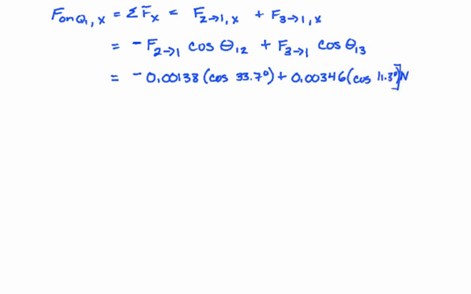And our units here, all of this again is in newtons. So, plugging this into our calculator, the total force on Q1 in the x direction is 0.002 newtons. Since that's positive, that also means that it's in the positive x direction. We'll go through the same procedure for the force on Q1 in the y direction.